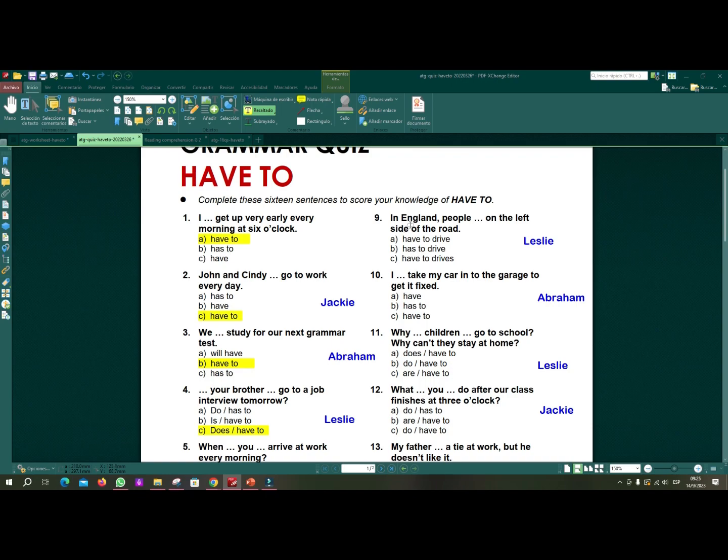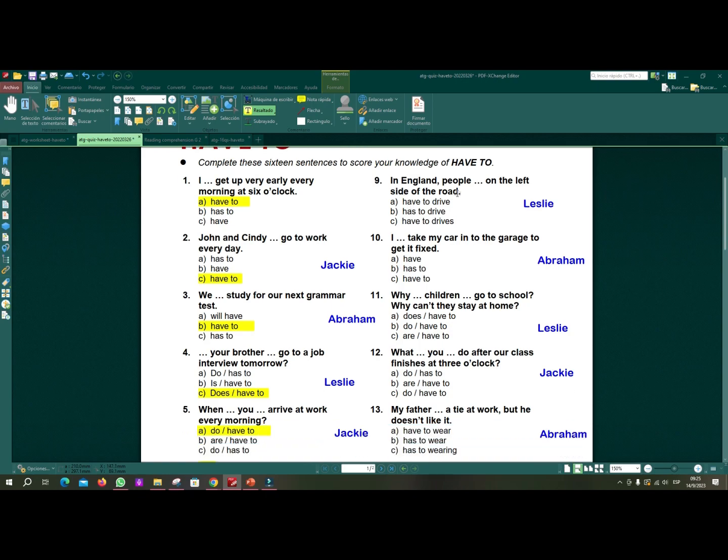Leslie again, number 9. Which could be that one? In England, people on the left side of the road. Which could be? Here you have people, right? So, which could be the answer for that one? Letter A, yes.